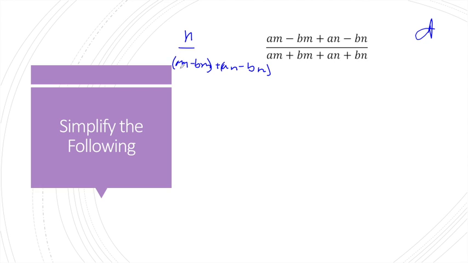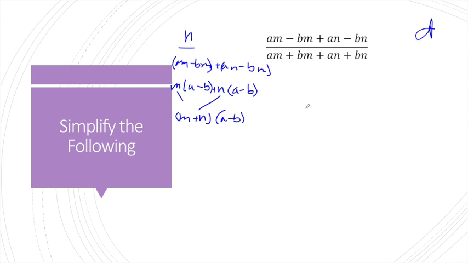The greatest common factor of AM and BM is M, leaving me with a factor of A minus B. The greatest common factor of AN and BN is going to be N, leaving with a factor of A minus B. So I collect our greatest common factors. That's going to be M plus N times A minus B.